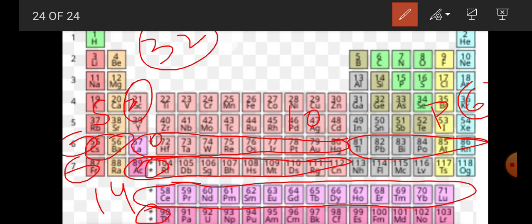So after 89, 90, 91, 92 and so on, these 14 are the actinide series. These 14 are present and have the name the actinide series.